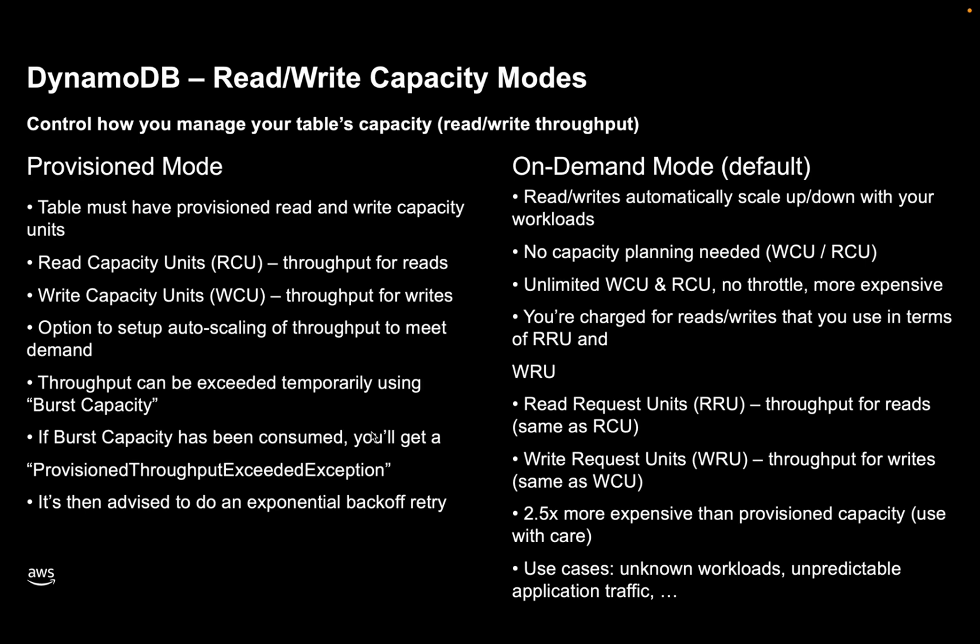Now if you look into the read and write capacity modes, this is something which will control the read and write throughput. We have two modes. One is the provisioned mode and the other one is the on-demand mode. In provisioned mode, tables must be provisioned with read and write capacity units, where RCU is read capacity units and WCU is write capacity units.